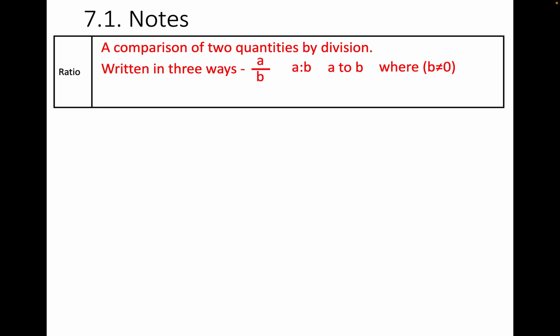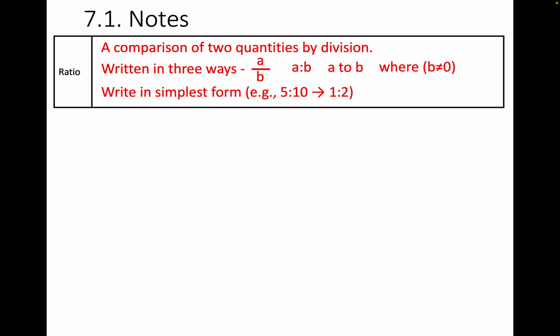You could say if you have one boy and 3 girls, then 1 out of every 4 students is a boy. If you had a different ratio, you could say 1 out of every 2 students is a boy, or even 1 out of every 1 student is a boy. But you couldn't say 1 out of every 0 students is a boy. That would make no sense mathematically, and that's why B in this expression can't be 0. You can't have something divided by 0.